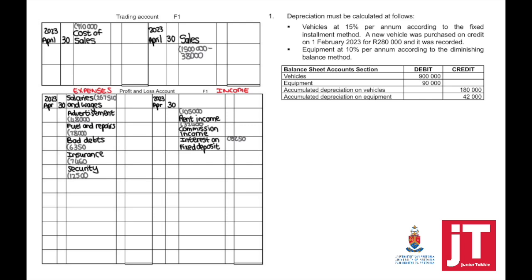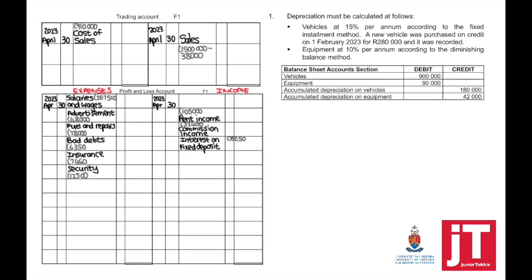Equipment at 10% per annum according to the diminishing balance method. Reminder, depreciation can be either calculated using the fixed installment or straight line method, which means we need to use the cost. And when we're looking at the diminishing balance method, we need to get the book value. To get the book value, it's your cost minus the accumulated depreciation.